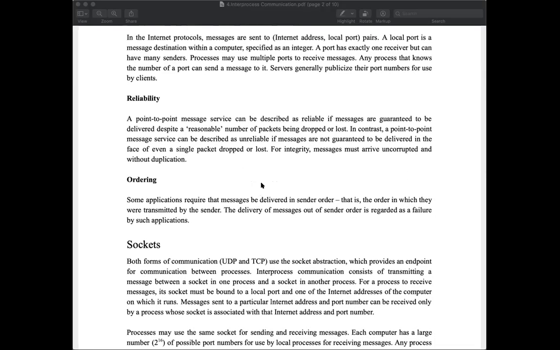And when you're talking about reliability, we also have to talk about integrity, right? Integrity means that the message should not be altered during transit. When process A sends a message to process B, process B should have a way to ensure that the message it has received is not corrupted in between the communication.